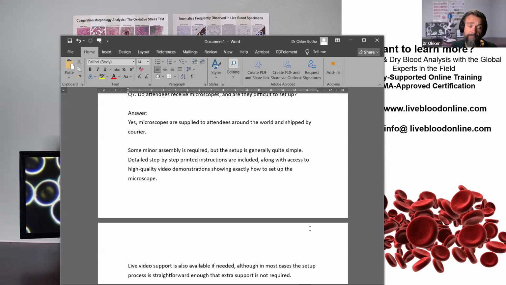We've had many attendees on the course previously who enrolled after having done other live blood training, and they said that they learned a lot more. It filled in so many gaps and actually gave them more of an understanding of what they should be looking at and working with in live and dry blood. So we're not able to certify based on previous training because it won't really be up to the standard that we have in this course.